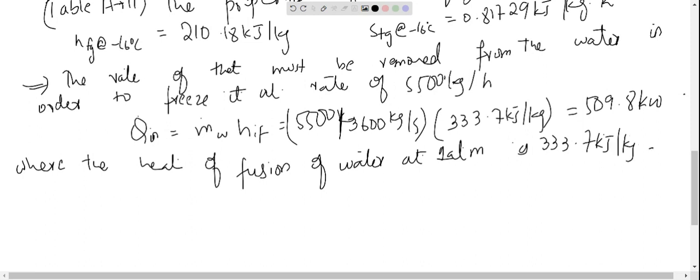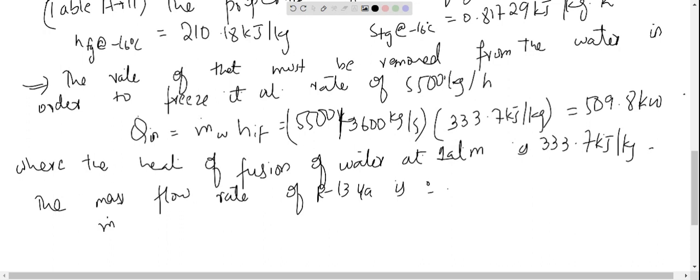So the mass flow rate of R134a is Q dot in divided by hfg.